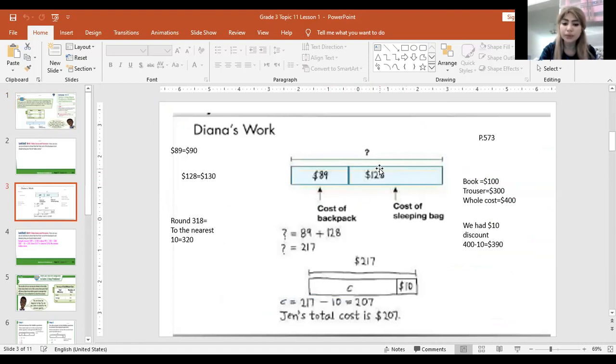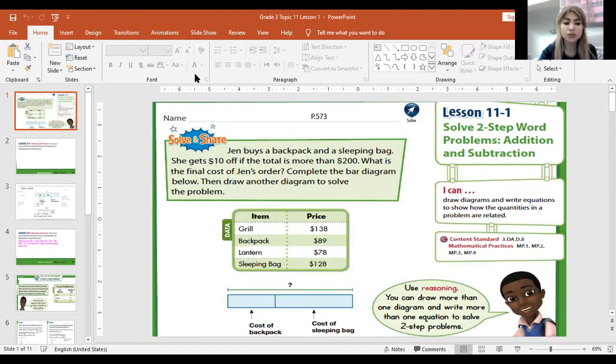So when we add 89 plus 128, what are we going to get? Let's do it together. The cost of the backpack is $89. The cost of the sleeping bag is $128.